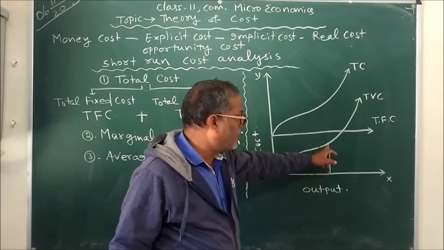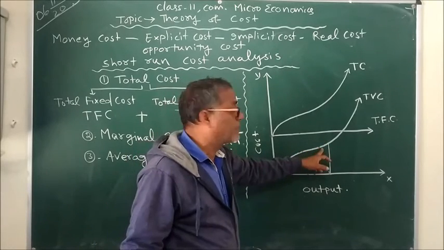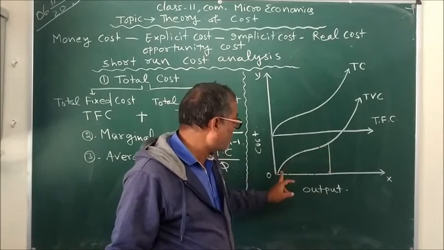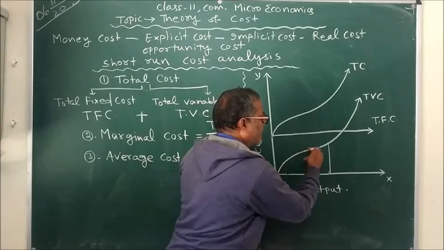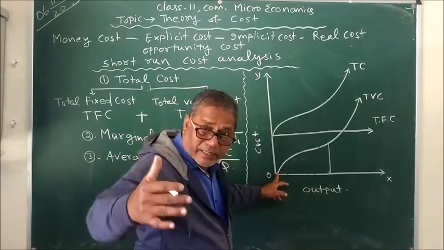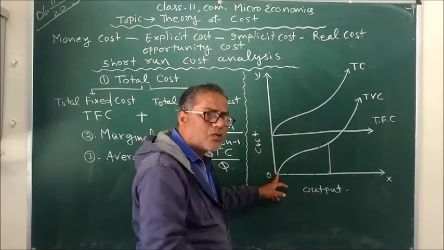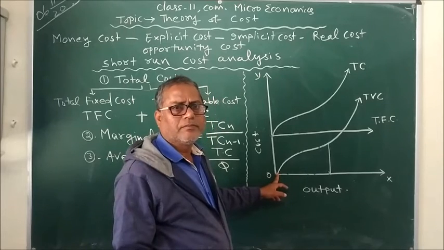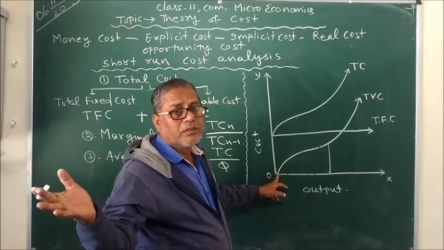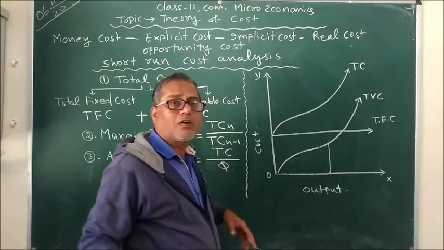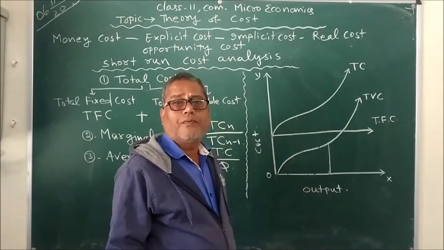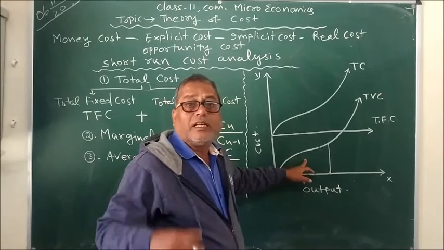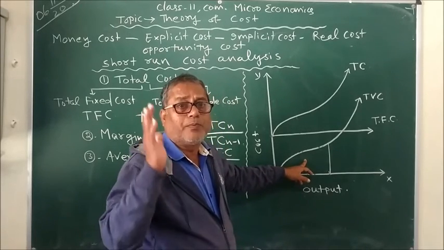You will find a point where the curvature of the curves is changing. So up to this point, up to this much output, the cost is increasing but at a decreasing rate. Obviously the marginal cost would be falling. And what is the reason? While discussing marginal cost, we will come across that point, the reason being the law of increasing return, law of variable proportion.